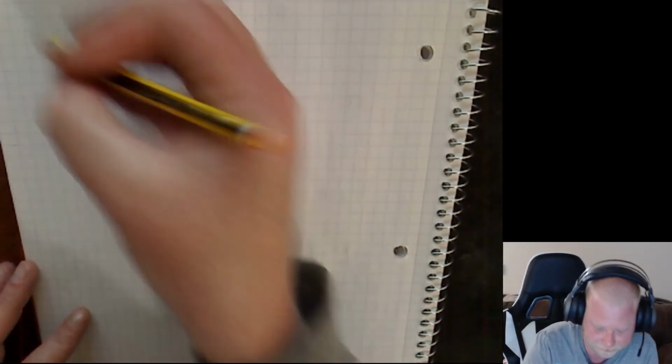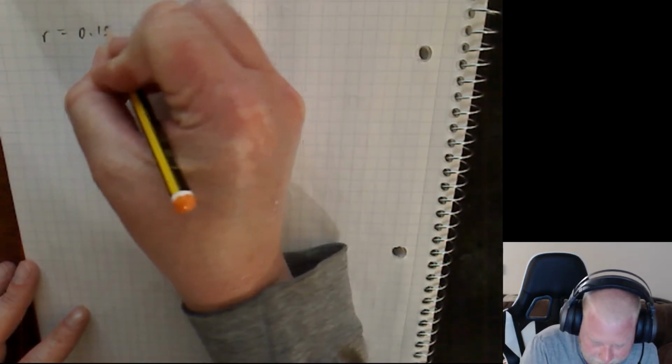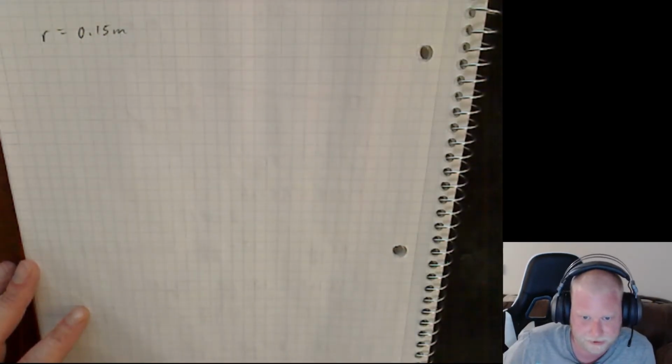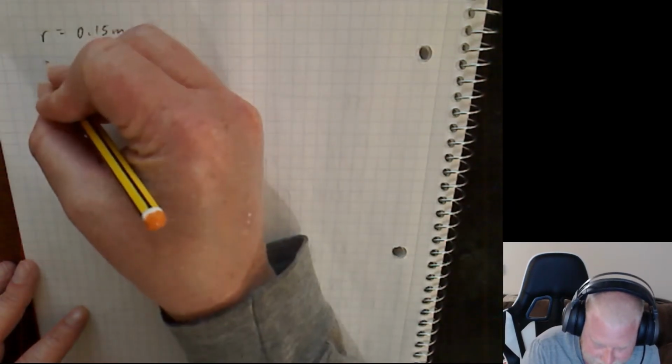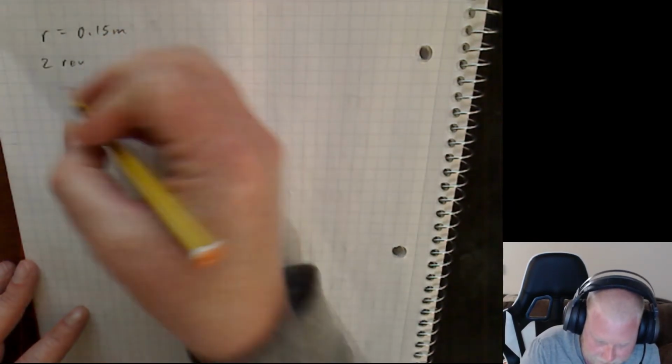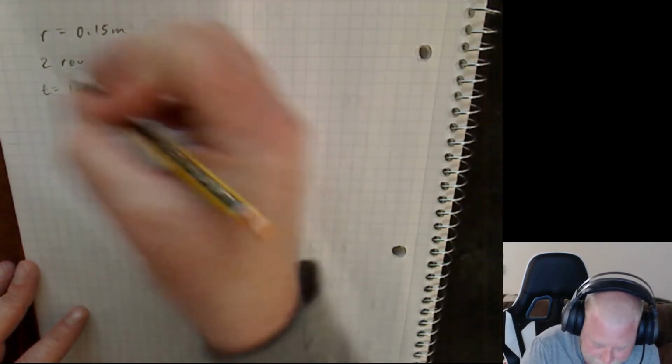So let's go ahead and start just listing out what we got. Now we know the radius of this wheel is 15 centimeters, so 0.15 meters. We know it completes 2 revolutions in a time period of 1.2 seconds.